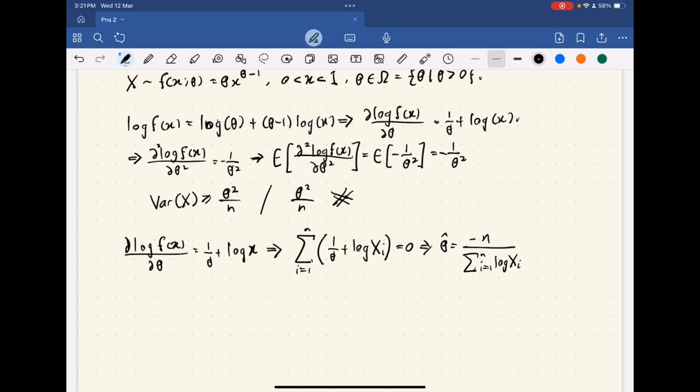To simplify it further, this is just the log of the product of xi.